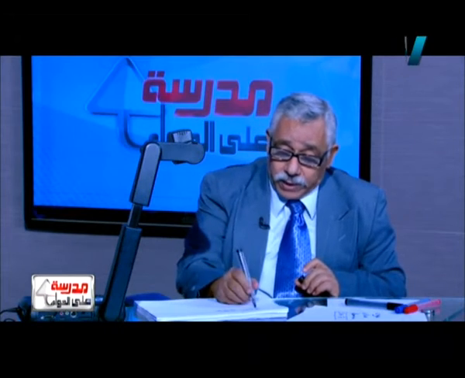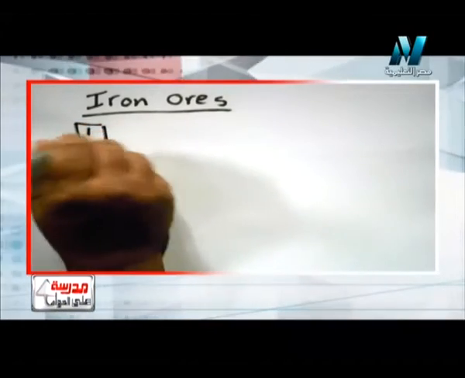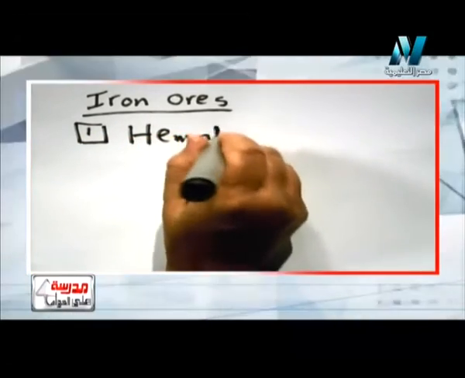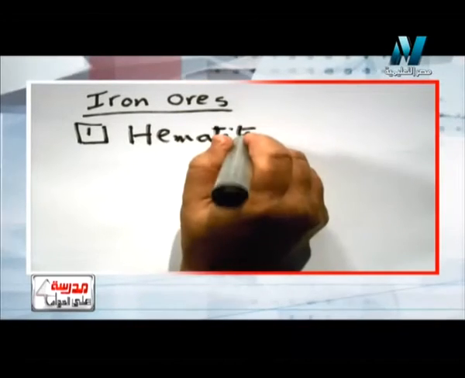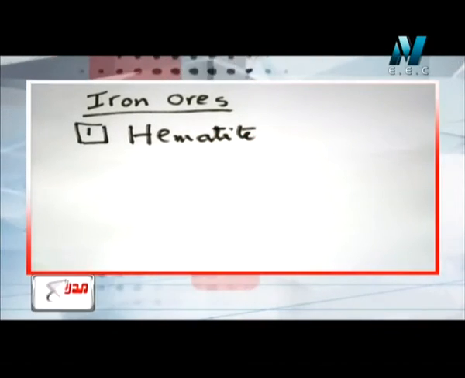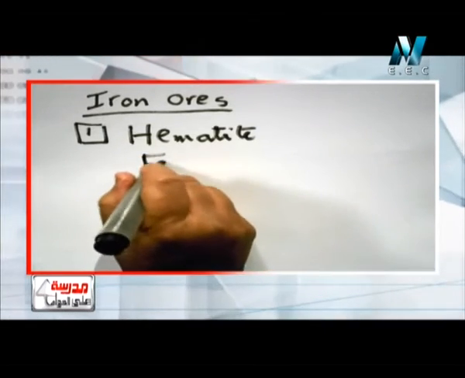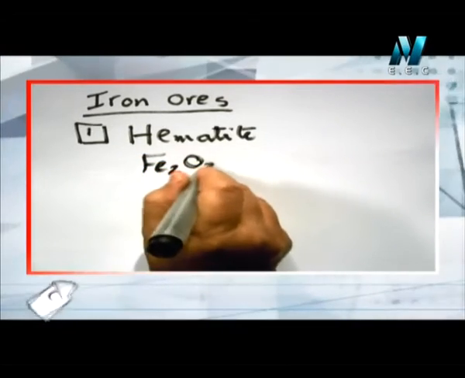The most important ore in the Earth's crust, number 1, hematite. Hematite is iron 3 oxide, Fe2O3.